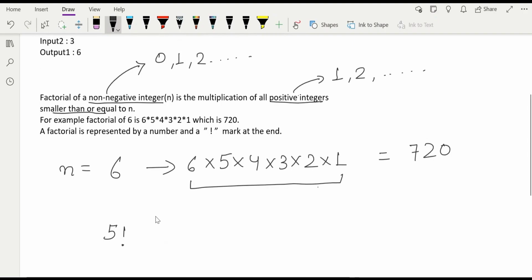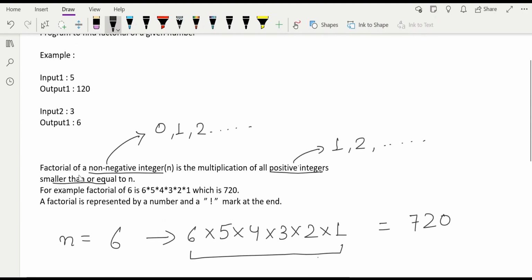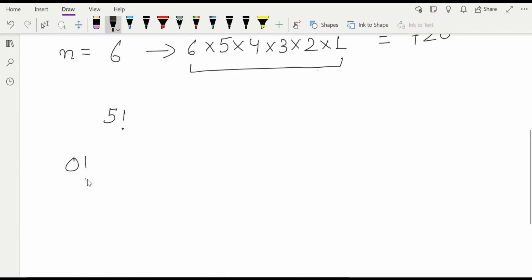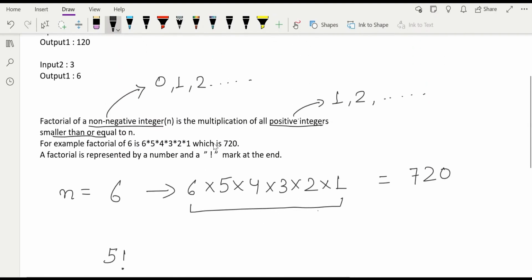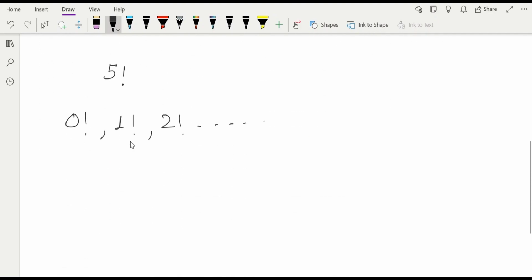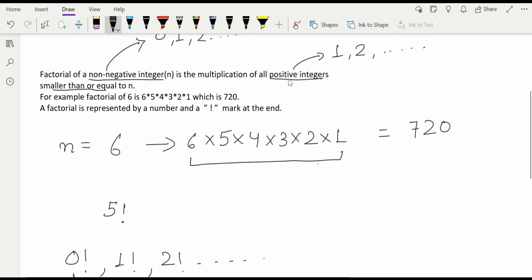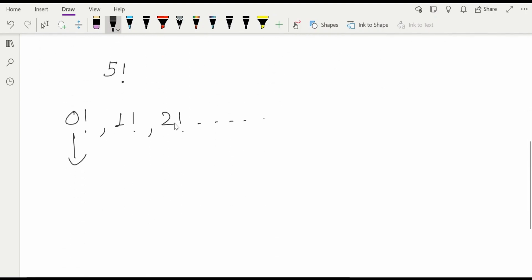Suppose if you have to write the factorial for 5, then you can simply write this. Okay, and here is one important point: factorial is defined for all non-negative integers. It means factorial is defined for value 0, value 1, then value 2 and so on. Now if I take the definition, the factorial of a non-negative integer is the multiplication of all positive integers smaller than or equal to n, but there is no positive integer less than 0.